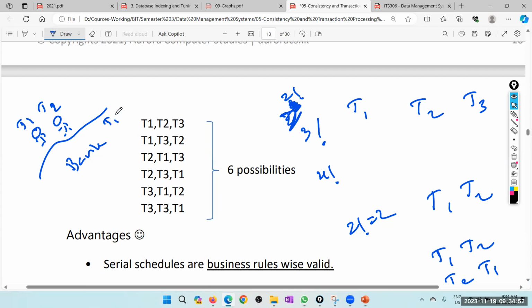So the T1 transaction is done, then T2 is done. Or the bank can ask, first you come. Say they are not in a queue. So the person in the bank randomly calls T2 first, his or her transaction is done, then the other transaction is done. Both are valid for the bank. The bank doesn't care whether it is T1 after T2 or T2 after T1, because both are valid. Right?